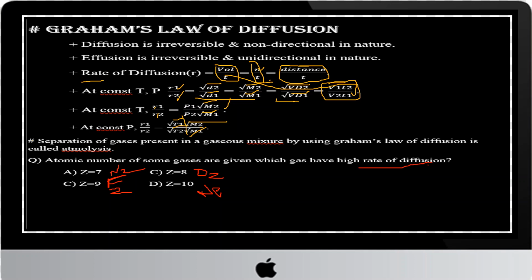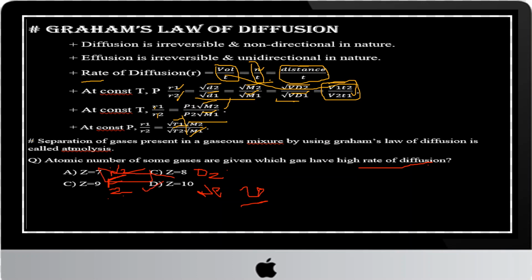Simply, if you see a boy who is chubby and fat, he cannot run fast. If a lean boy or fit boy, he runs fast. Same here. This has a molecular weight of 28, this has a molecular weight of something, and these have nearly 38, nearly 32, and neon has just 20, I think. 20 is the low molecular weight out of all four options.